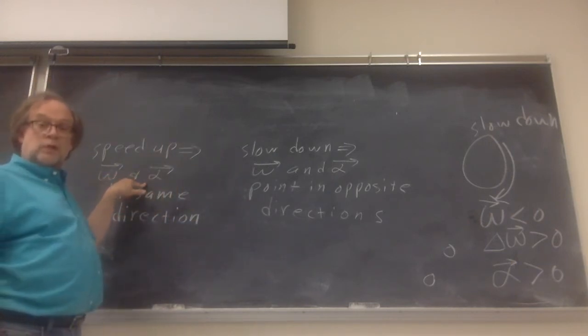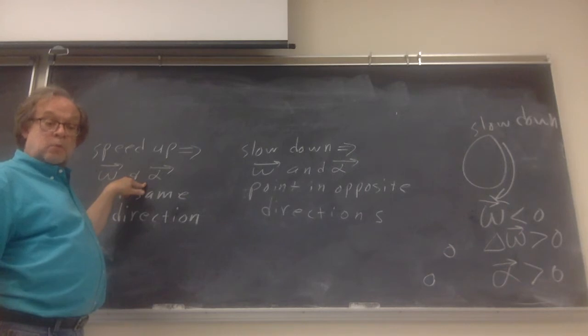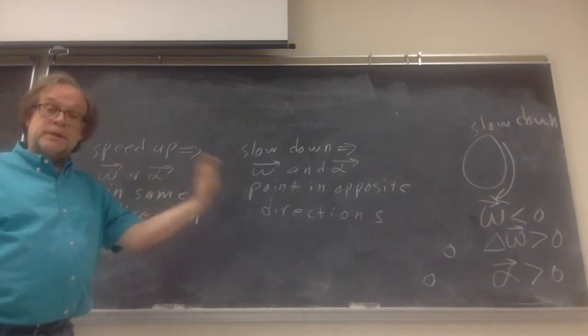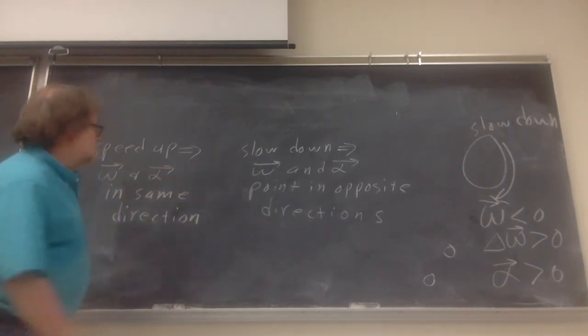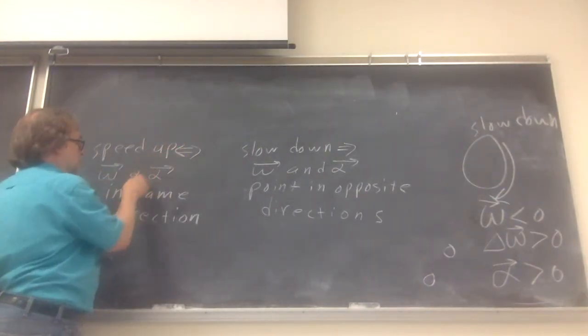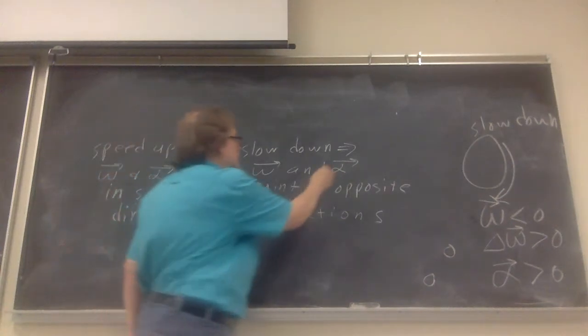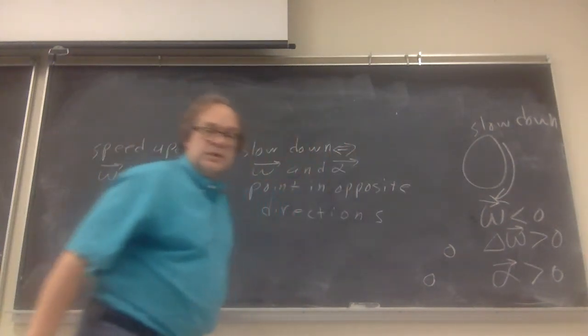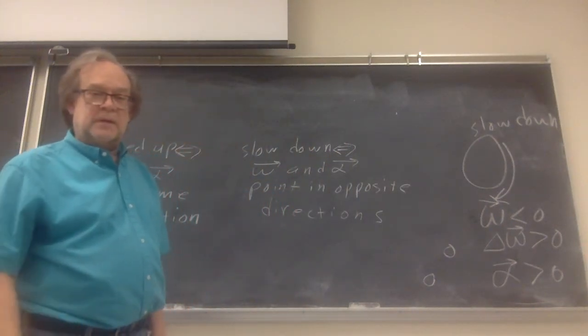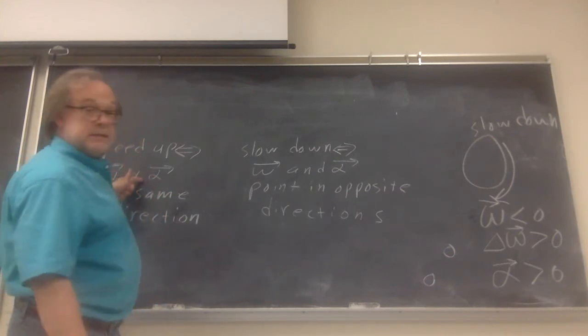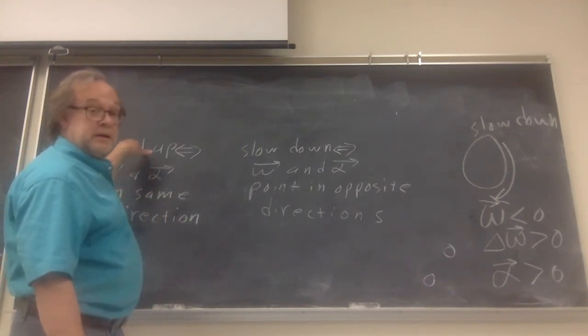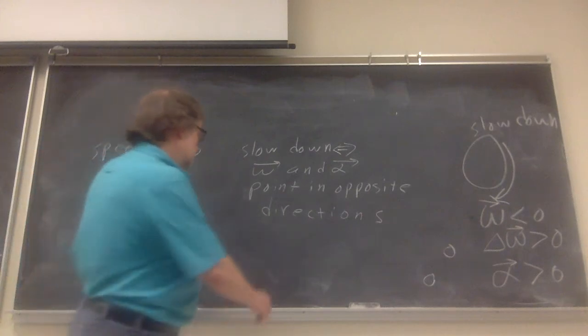If you know velocity and acceleration point the same way, then you expect to see them speeding up. So the logic works this way as well as this way. Really should have the double-sided arrows, for this implies this, but this also implies this. Works either way.